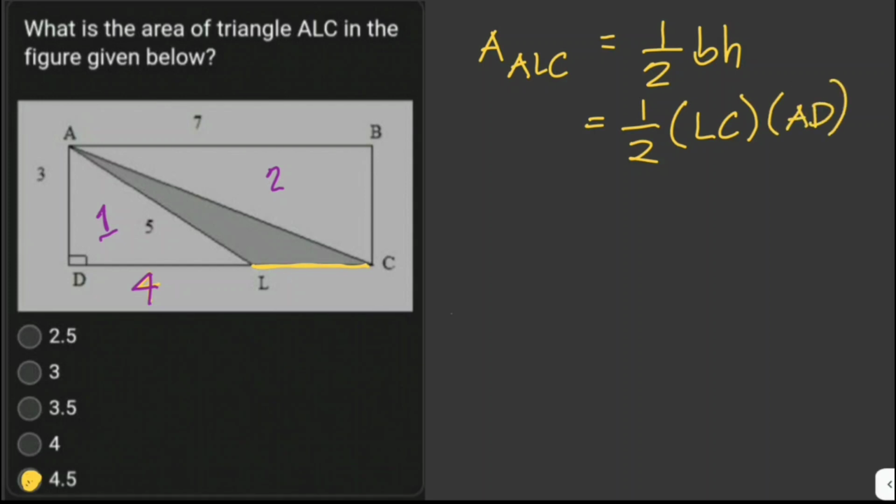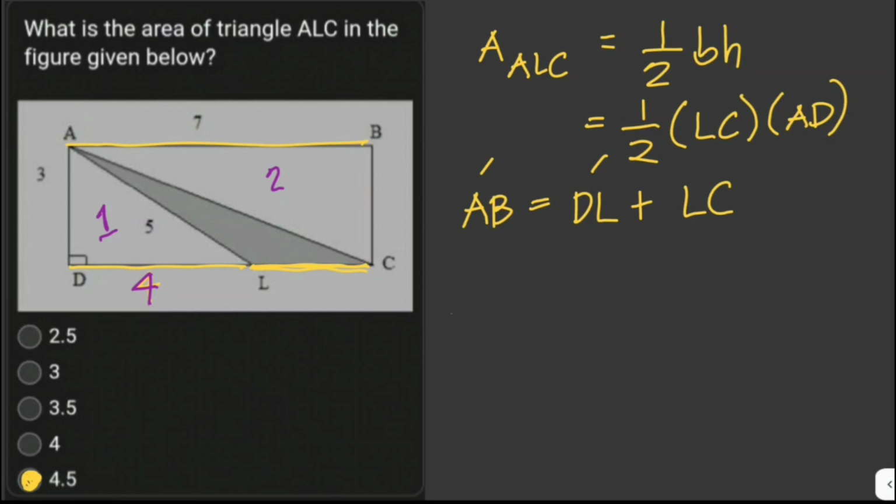Now we don't know LC, but we've already solved for the length of DL, and that is equal to 4. Since the entire length of the rectangle is AB, and AB is just equal to the sum of the length of DL and the length of LC, and we already given the value for the length of AB and DL.